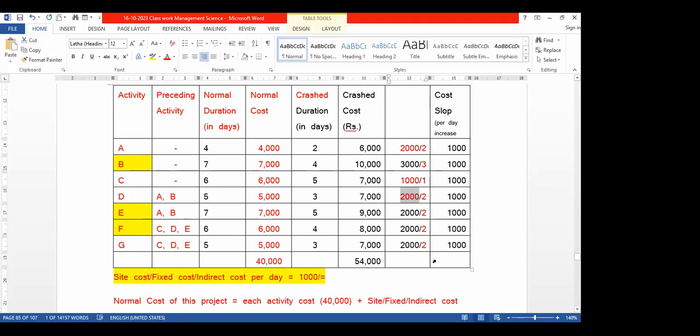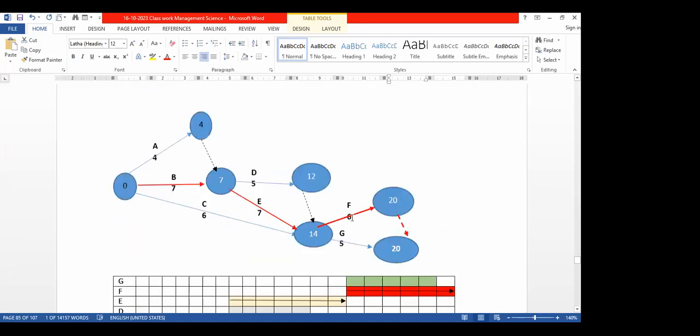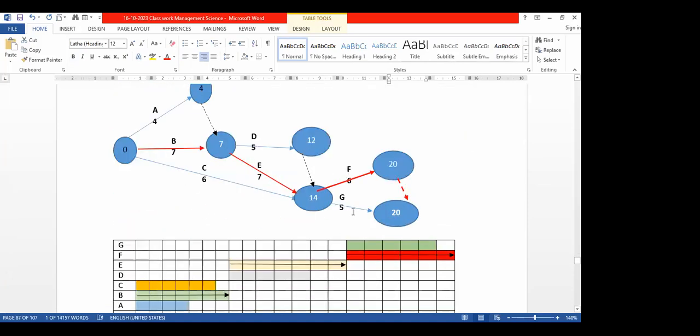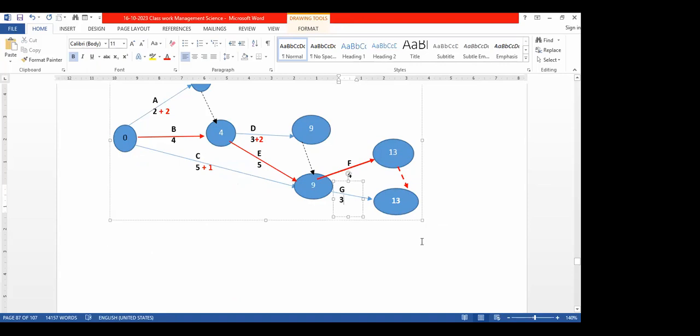Then the last one is G. Look at G. G we have reduced 5 days, reduced as 3 days. But carefully look at G. Here 9 plus 4, 13. Here 9 plus 3, how much? 12.